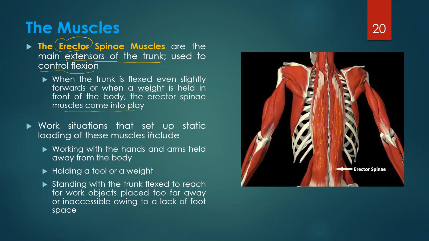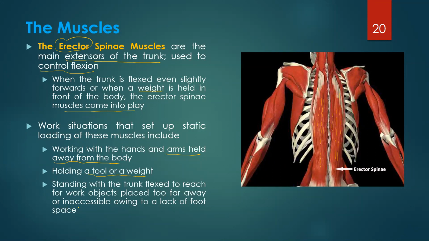Work situations that set up static loading of these muscles include working with hands and arms held away from the body. If you are moving your hand or arm in front of the body, or you are holding some weight on the front side of your body, or standing with the trunk flexed to reach for work objects placed too far away.